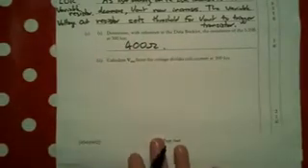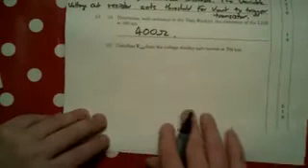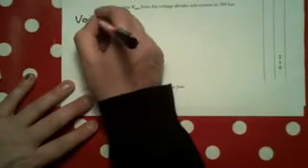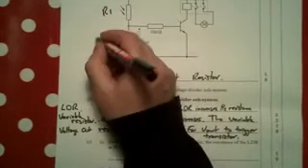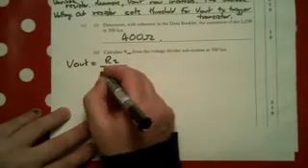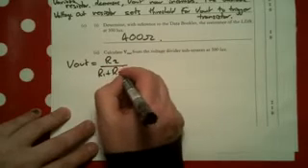Okay, next it says calculate V out. Well, we need to know the formula for V out, and the formula is V out equals, well, let's look at these two now. The voltage dropped across the first resistor, we'll call that R1 and we'll call that R2. If we now look at the formula, we've got R2 ratio with R1 plus R2 multiplied by VCC, the voltage supply, which in this case is 5 volts.